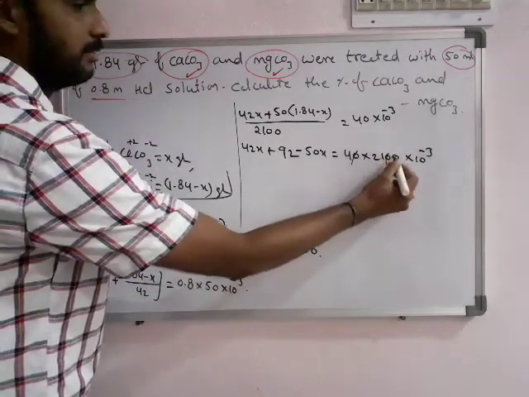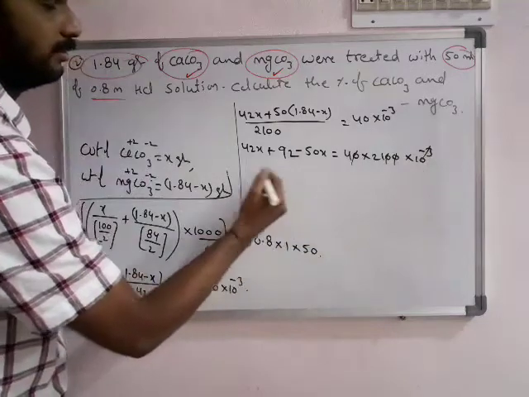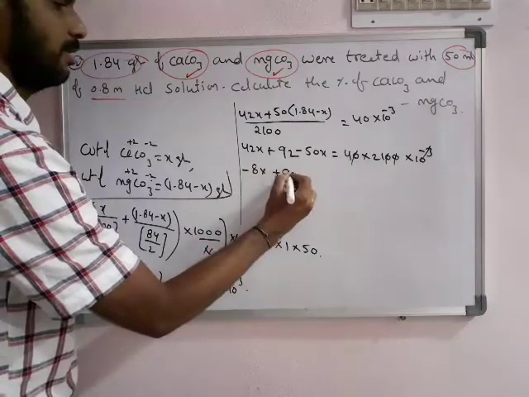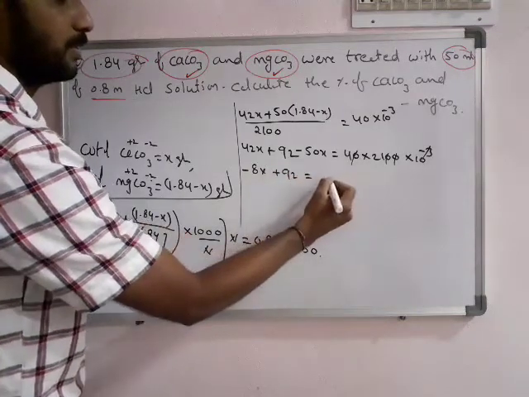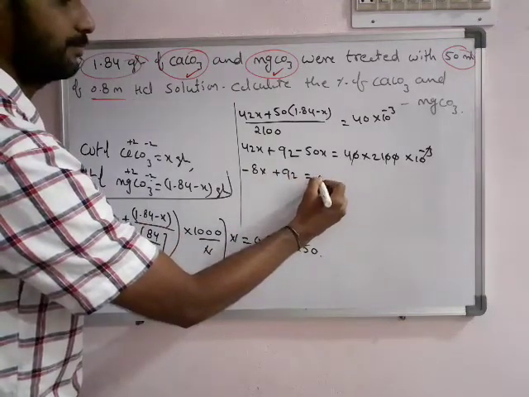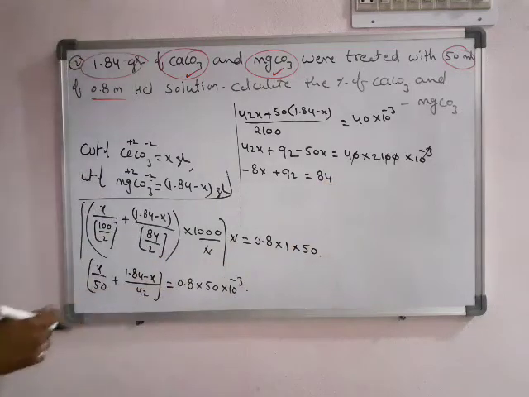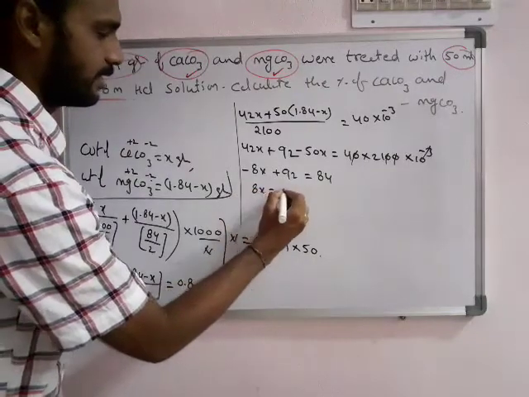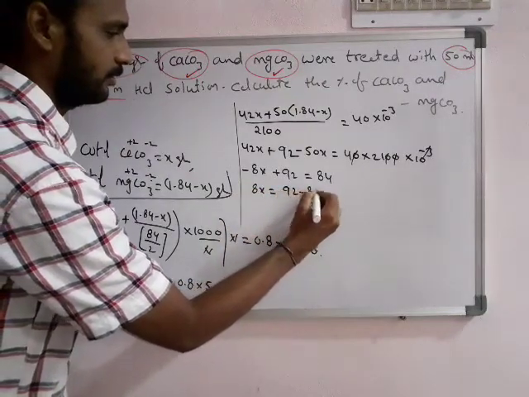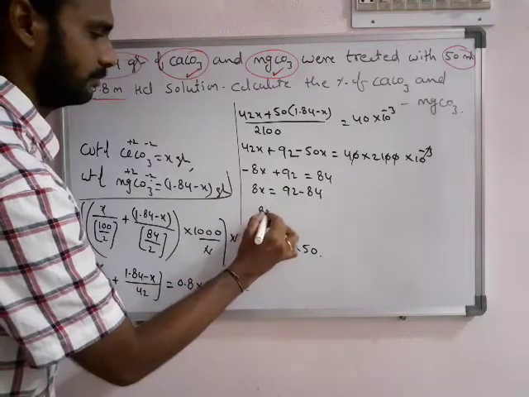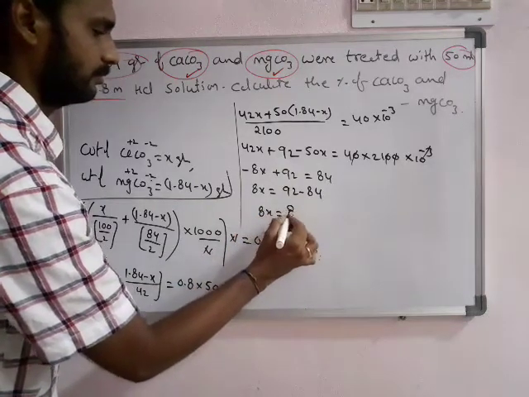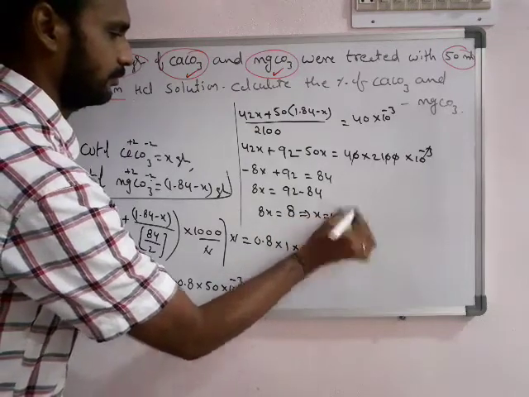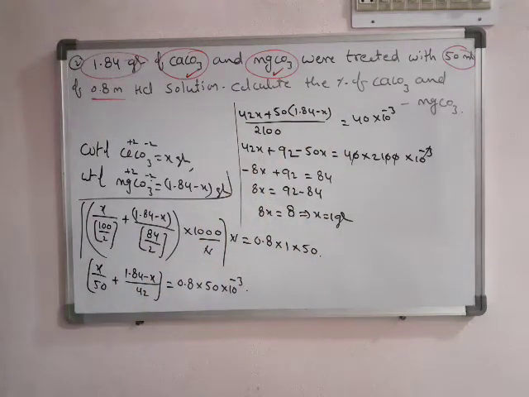Here 10, 10, 10 will be cancelled. So finally we will get minus 8x plus 92 is approximately 84. 8x equal to 8, here x equals 1 gram.